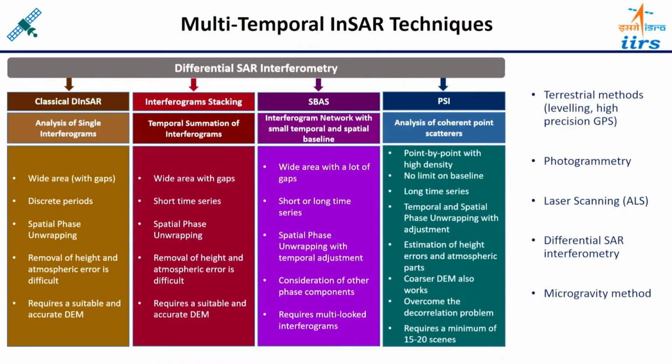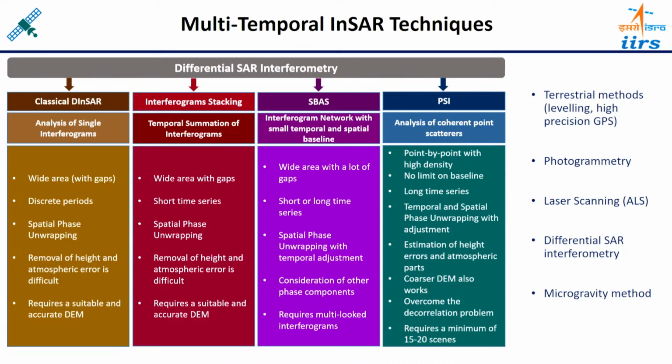For example, the disadvantage of SBAS can be overcome by the advantage of PSI, and vice versa. So in this way, if we are able to combine them, the overall performance of that combined, joint or hybrid method will be better than the performance of the individual techniques, okay.